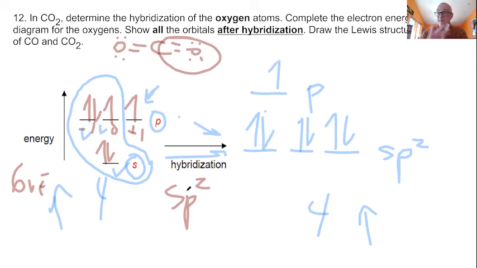Before hybridization and after, we have the same number of orbitals and the same number of electrons, and there's 1 p electron left over that stays there. When you look at this, it makes perfect sense. Why? Because how many sigma bonds does that oxygen make?